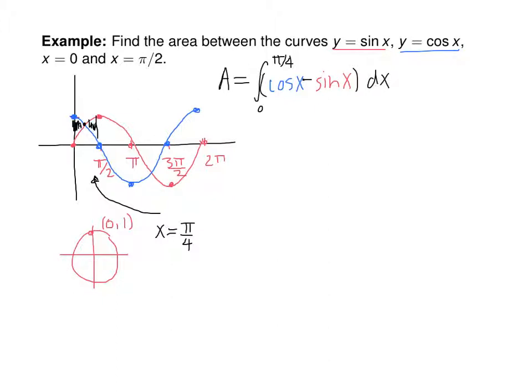That gives us the area of the first region, plus the integral from pi quarters to pi halves. And for the second portion, we will have sine x minus cosine x.